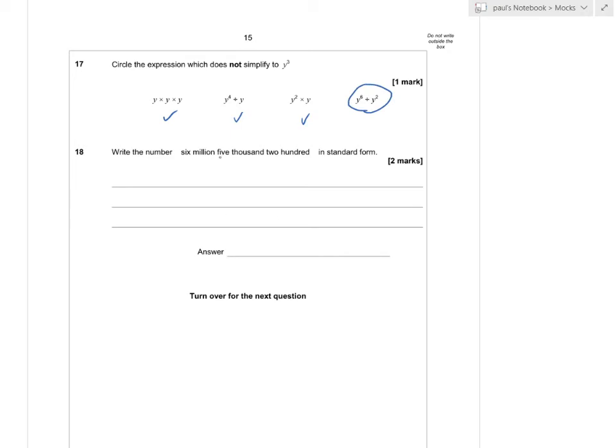Write the number 6,005,200 in standard form.